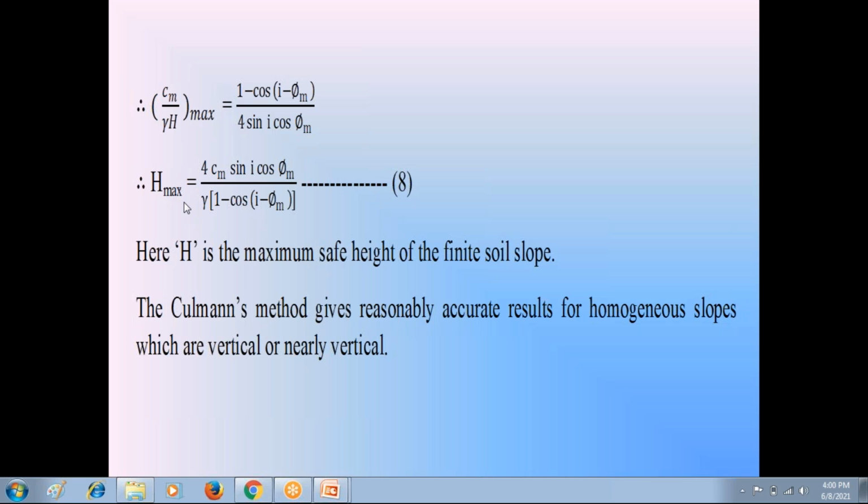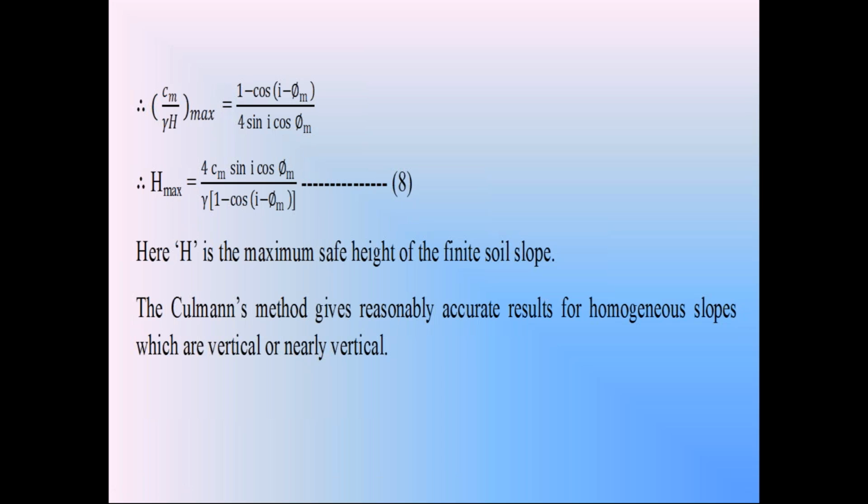Number of times this Culmann's method is asked in the examinations. So please everyone prepare this Culmann's method. This is already given in the material. Prepare that Culmann's method. If anybody has doubts in that Culmann's method, please ask me. Then after the Culmann's method, I am going to discuss the further concepts in Unit 2.